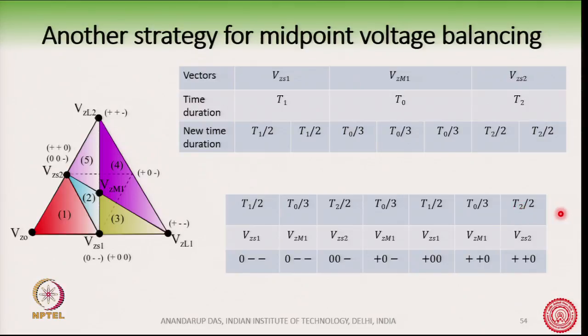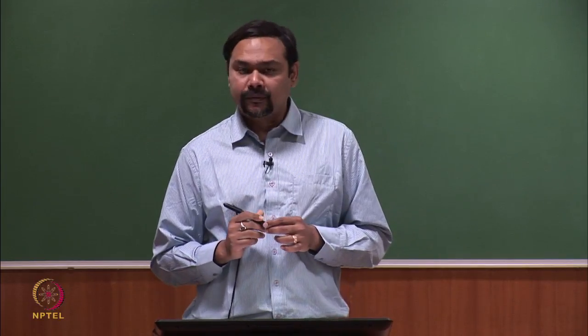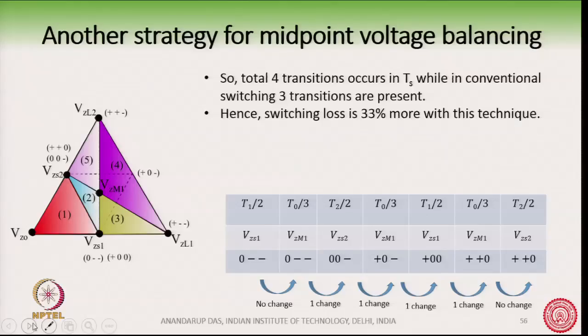So, you see that in a switching cycle, placing of these vectors can be done, like the timings can be interchanged. Of course, this will create a poorer harmonic performance. We understand that it will create a poorer harmonic performance.